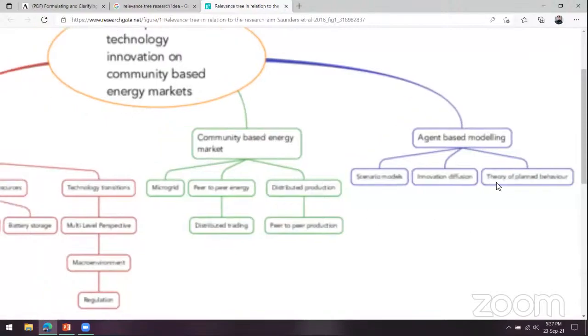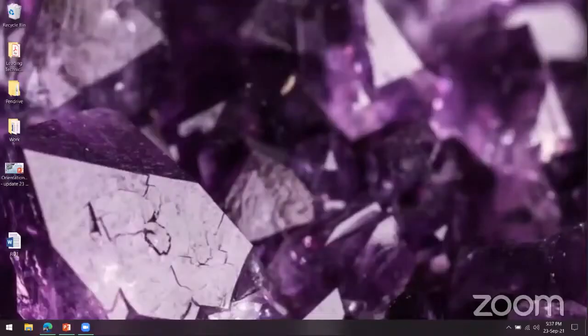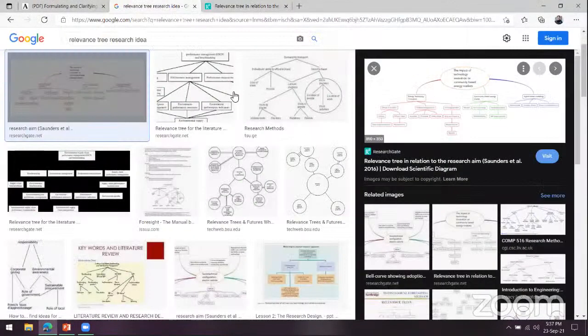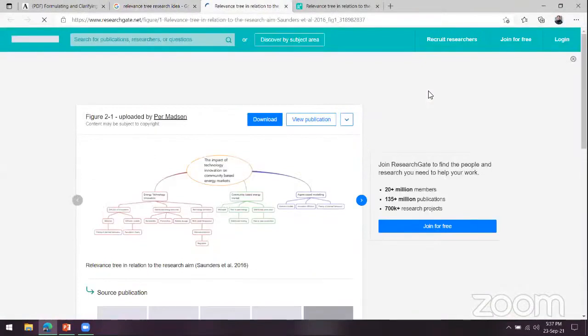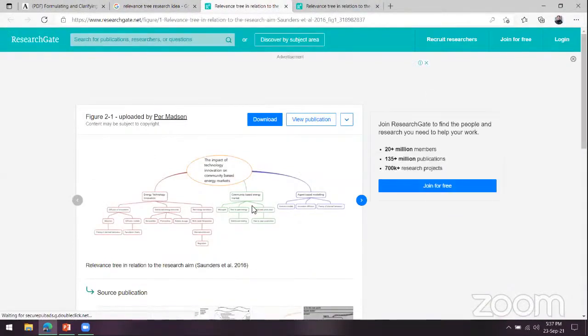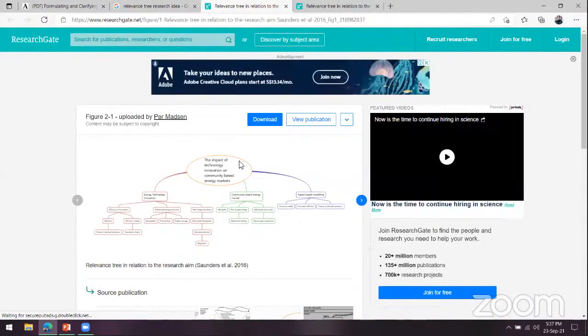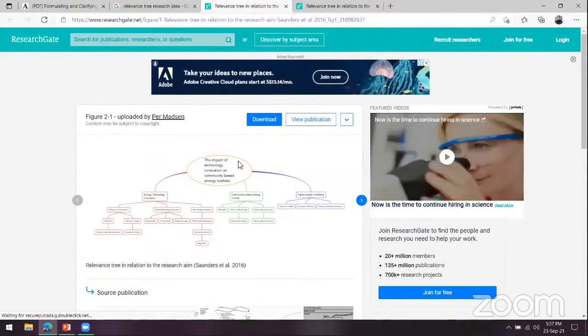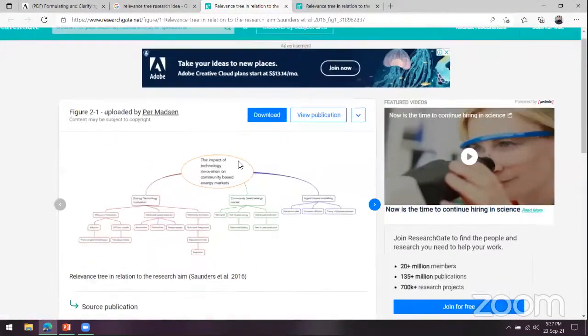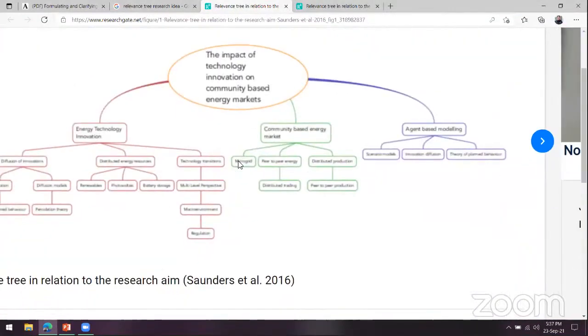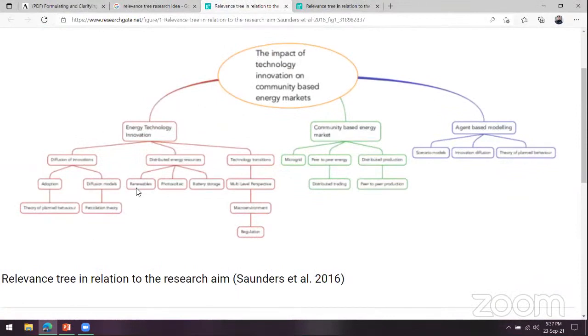Then after you draw this relevance tree, you can pick which one you think you want to go for, right? Maybe by the end of the day, you are thinking, oh, I want to look at the impact of innovation on community-based energy market, where I would like to only focus on, for example, energy technology innovation in terms of, for example, diffusion of innovation only.